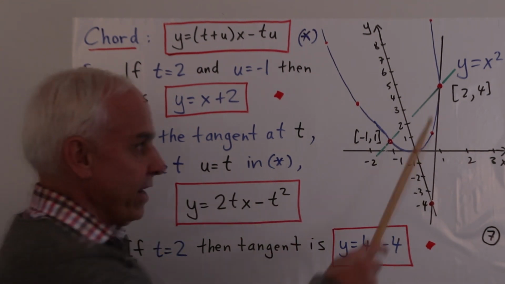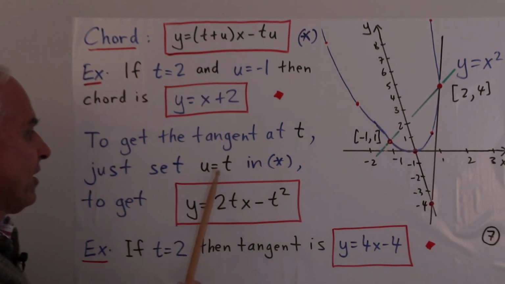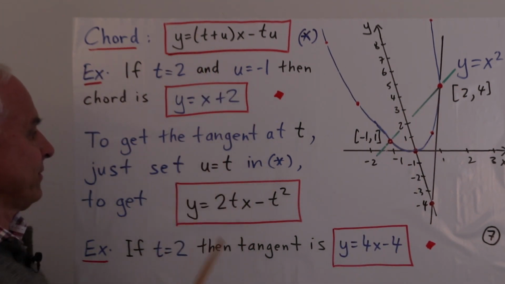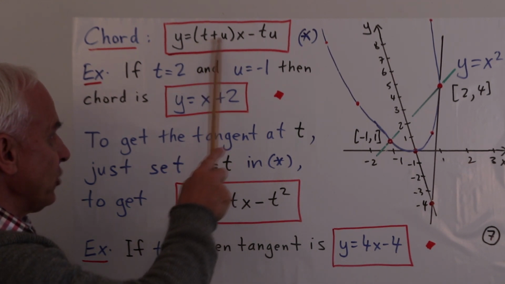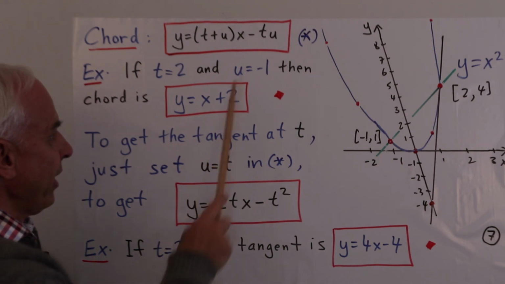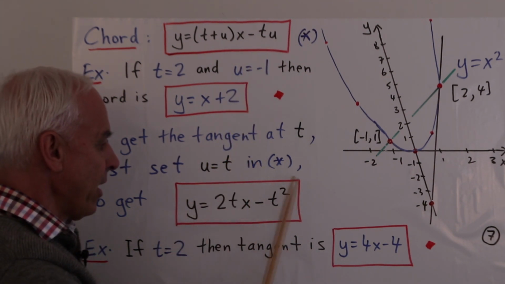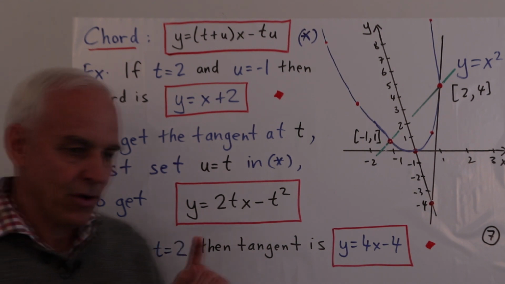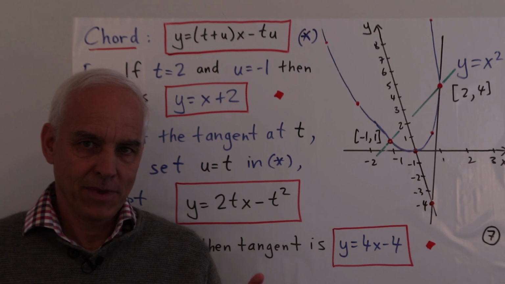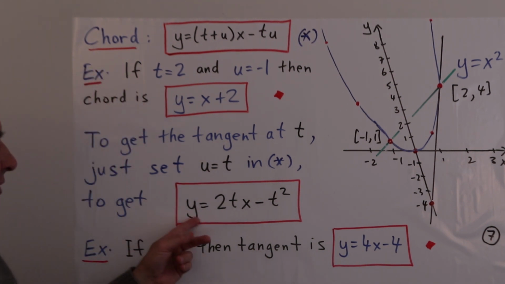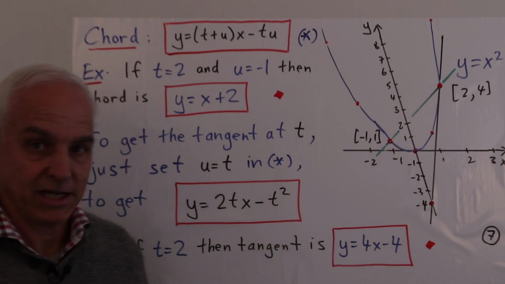We only have 1 point now, t equals 2, and we just take this equation and set u equals t in it. So if u equals t, then we get 2t here, so we get 2tx. And if t equals u, then we get minus t squared. So this is now an equation that does only have the parameter t in it, not t and u. And the claim is that this is the equation of the tangent at the point parameterized by t.